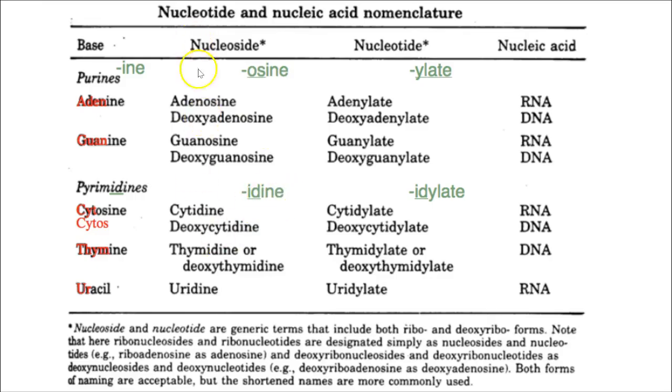That's how you know the difference between the two types of bases with a nucleoside. Same thing with a nucleotide: you have an ending of ylate. And with a pyrimidine, you have the id placed in front for the naming nomenclature.